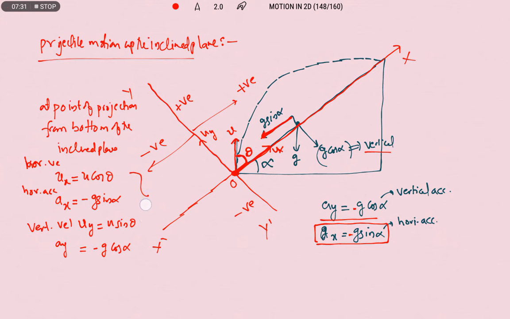So these are all the values. Let us take it as 1.